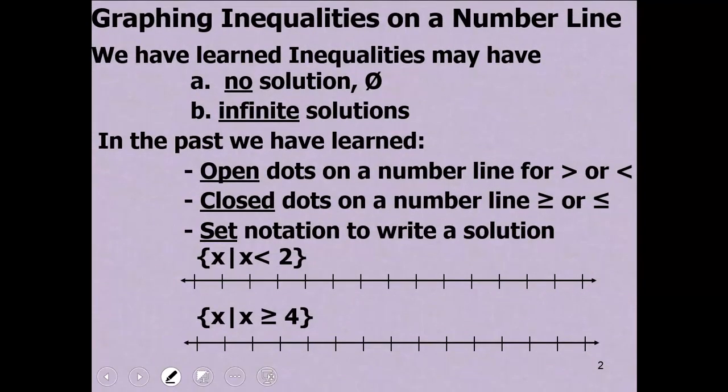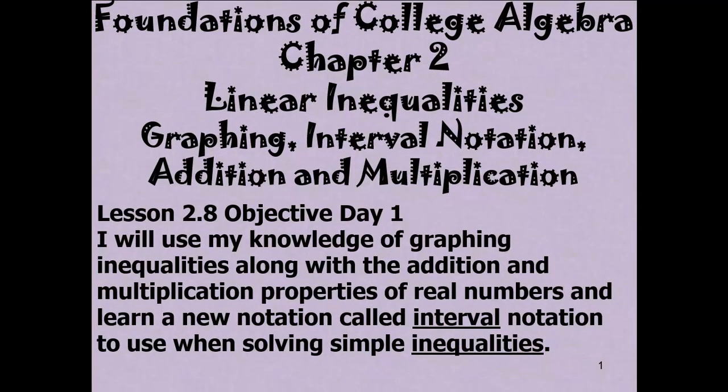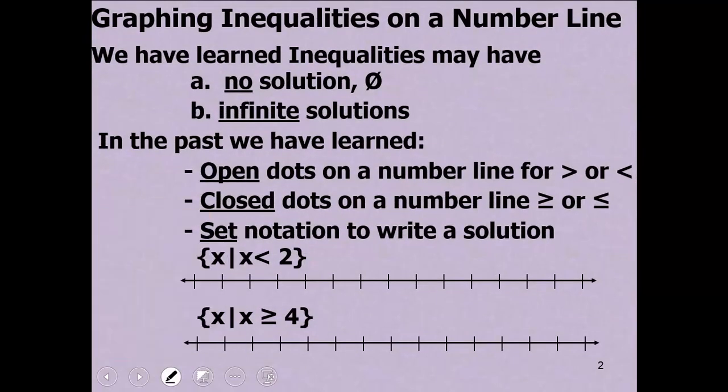What we've learned in the past is that an inequality may have no solution. An inequality may have an infinite number of solutions. Generally, there are more than one solution because you're picking up everything less than or greater than a particular endpoint. We have used open dots to indicate the greater than or less than symbol that doesn't include the endpoint.